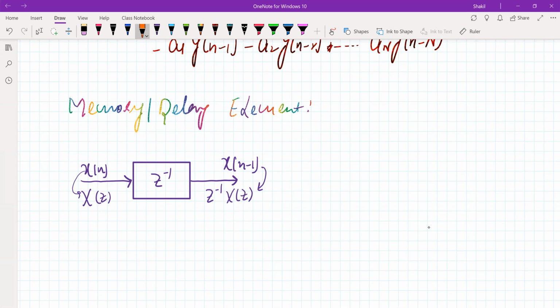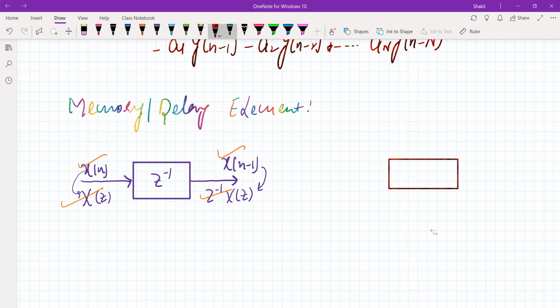Whether you say it in the time domain like this, or in the frequency domain like this. Now, the same thing for the output y of n.